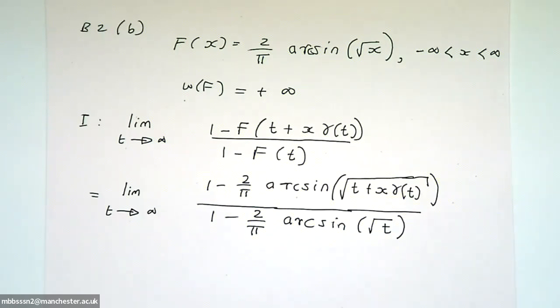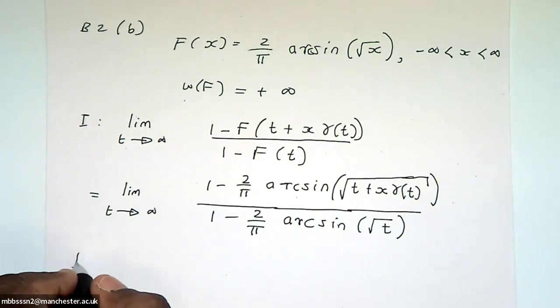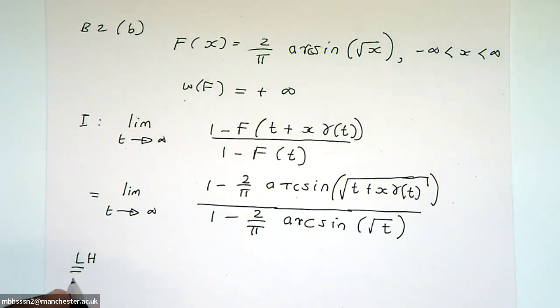All right, so I was just checking what the derivative of arcsine was. The next thing I'm going to use is L'Hopital's rule, because arcsine is really difficult to deal with. So let's try to use L'Hopital's rule.